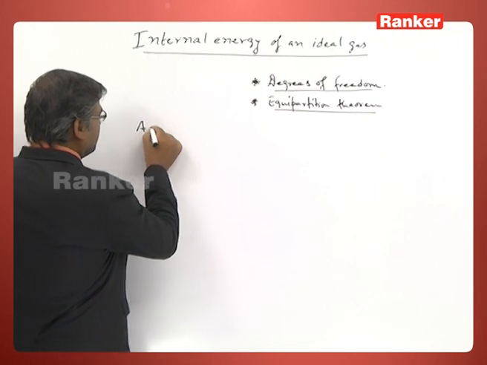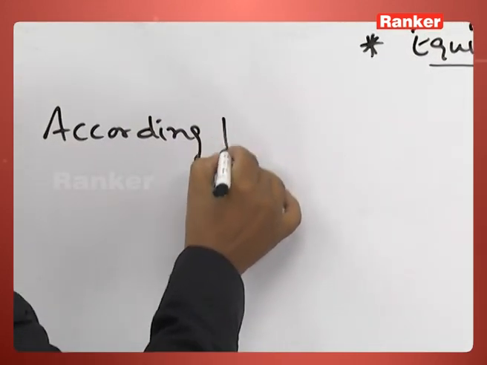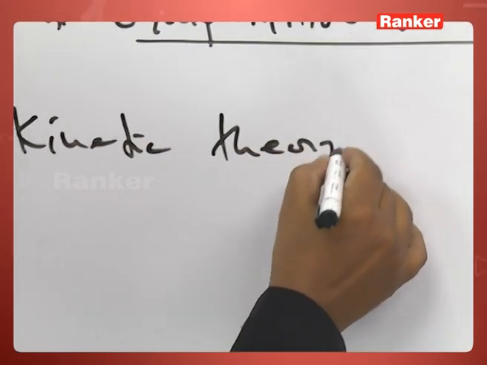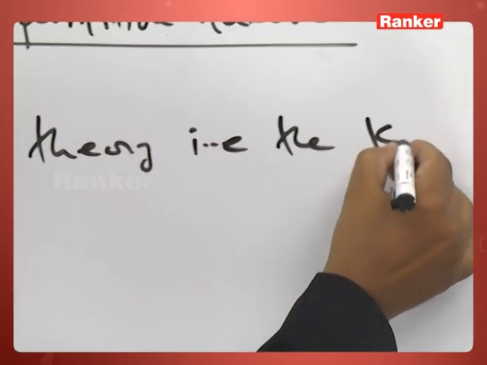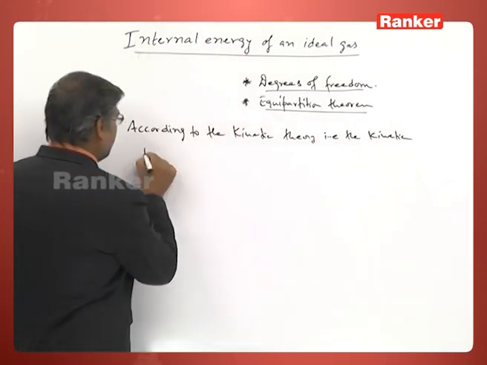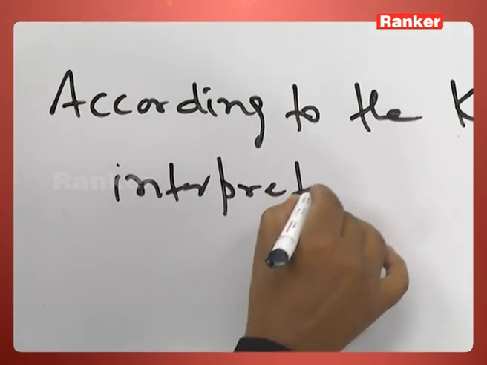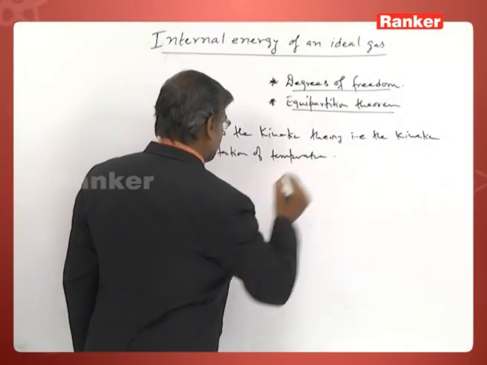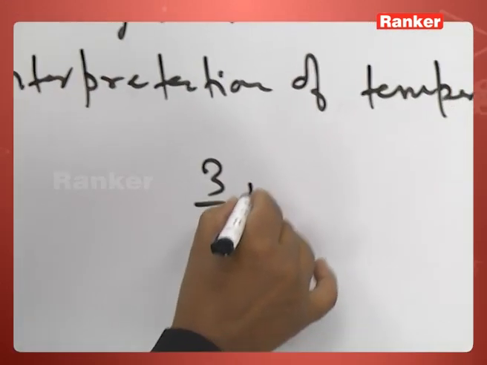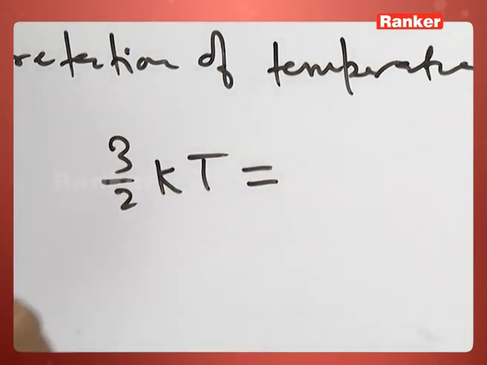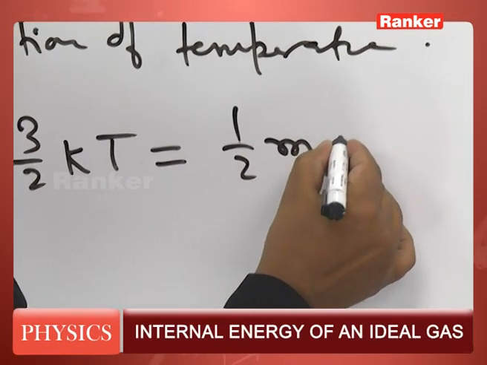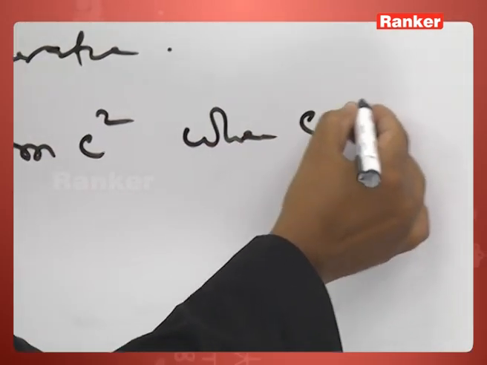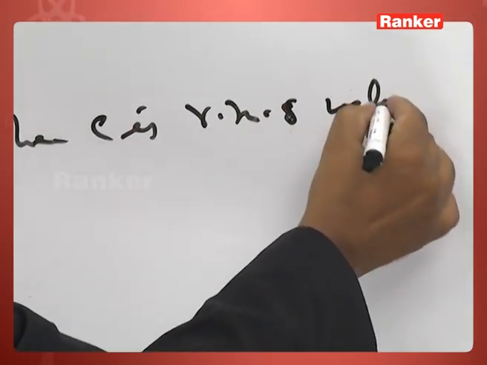According to the kinetic theory, i.e. the kinetic interpretation of temperature, we have already seen that 3/2 kT is equal to half m c square, where c is the RMS velocity.